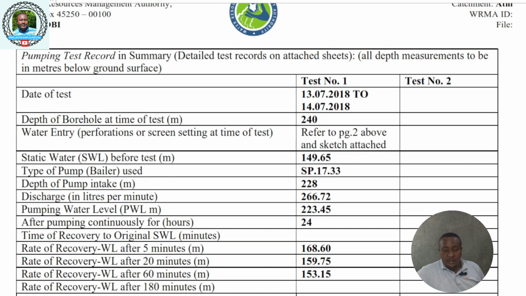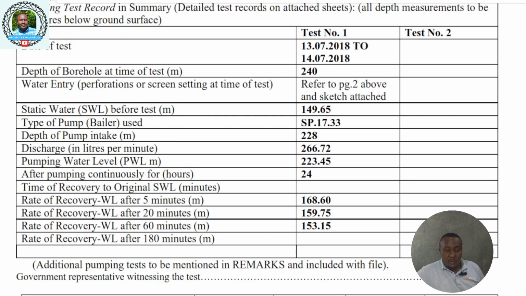Then you go to page 3, and this is where you get your driller's test pumping data. From this page you're able to say test 1, because mostly we usually do test 1. Date of test is indicated there, start to stop. Then the bore depth is indicated 240 meters, static water level. The pump that was used was 1733.